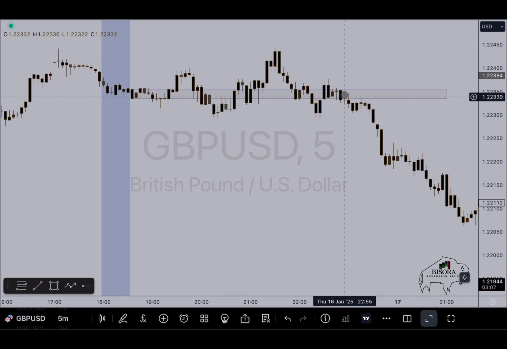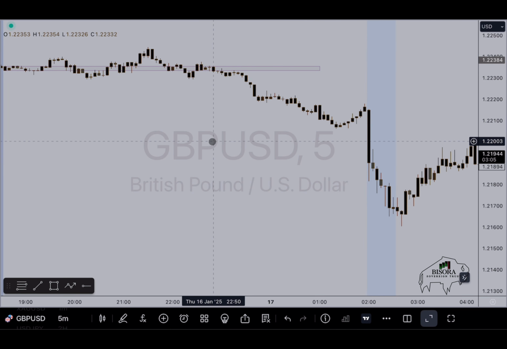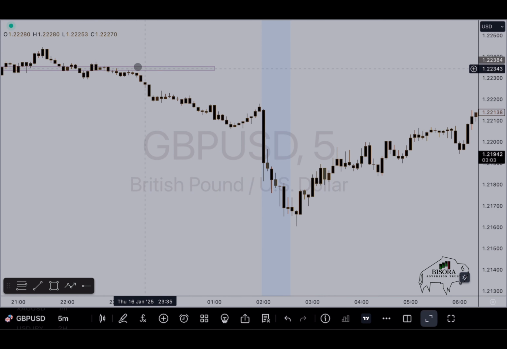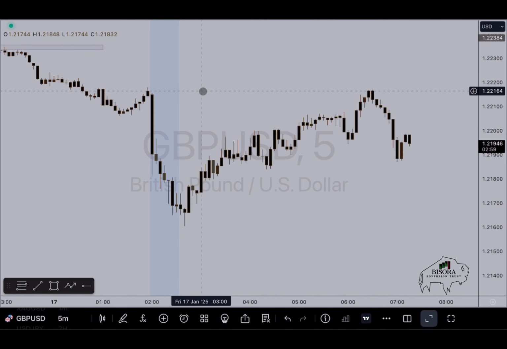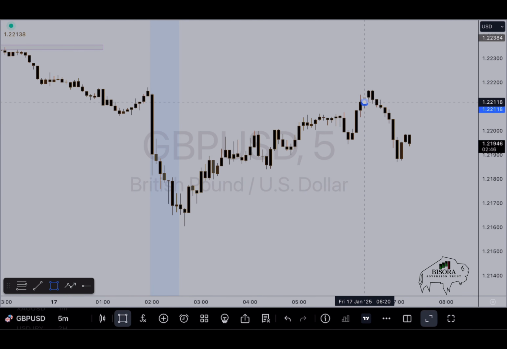However, we can still use it to get some information, and we can see that the market is still trading below all these levels. We did already get a break above this high, and it did actually close above. So we do have our London break.